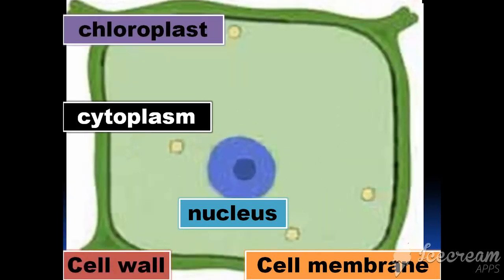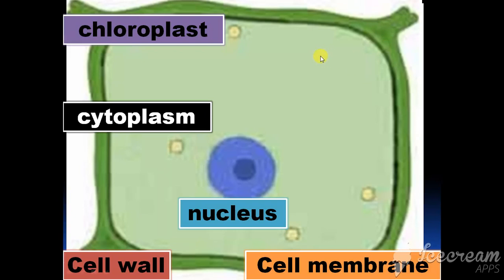Then we will find the green plastids or the chloroplast. The chloroplast is a very important component because it helps make food during the photosynthesis process. Chloroplast absorbs the sunlight. It is also responsible for giving the plant the green color.